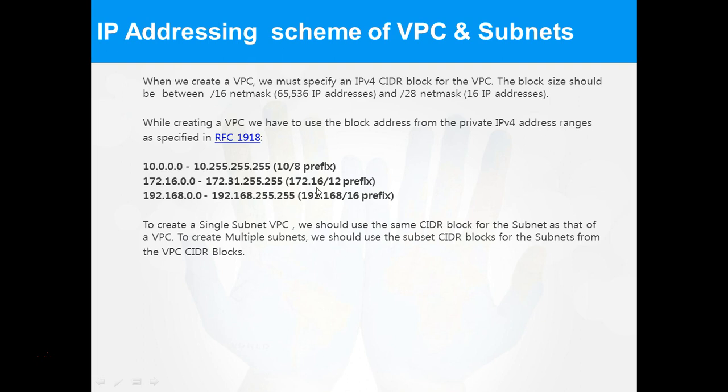The same is highlighted for your reference. So these three IP address ranges should be used for private IPv4 addressing schemes. The address ranges apart from these are called public addresses.